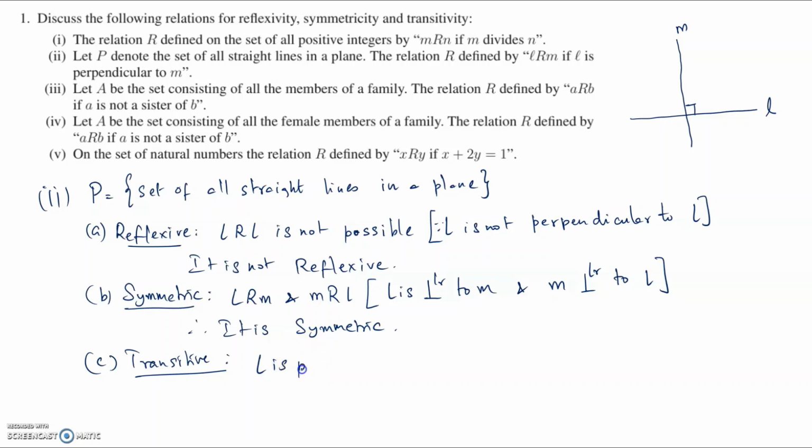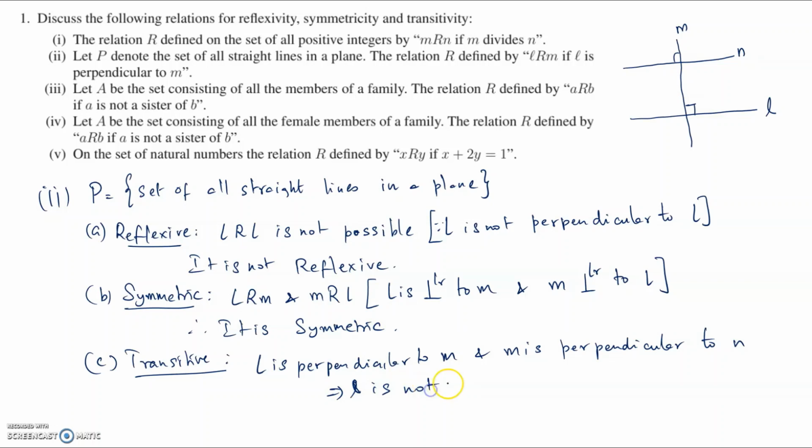L is perpendicular to M and M is perpendicular to N. So let me say there's another line here, N, and this M is perpendicular to this N. Now from the picture you can see clearly L is not perpendicular to N, because L is parallel to N. Therefore, it is not transitive.